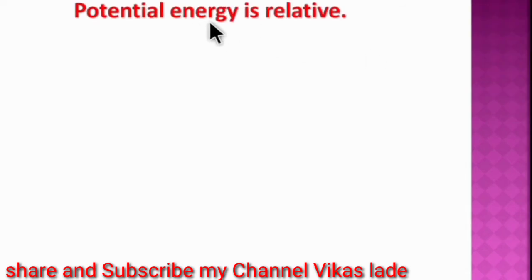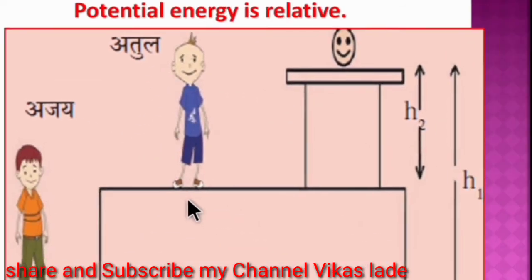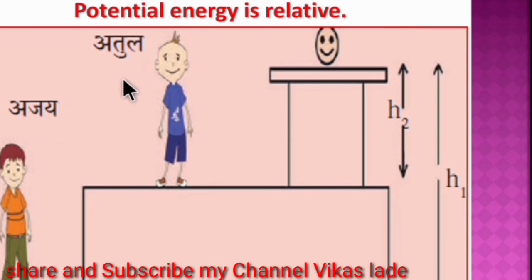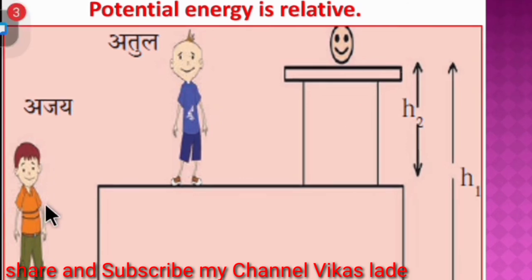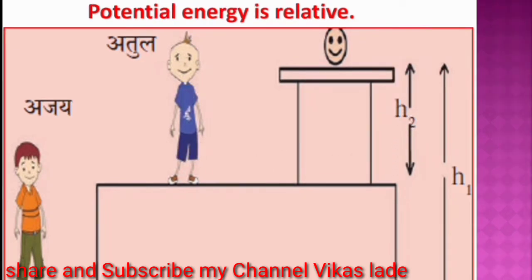Potential energy is relative. Ajay and Atul have been asked to determine the potential energy of the ball of mass m kept on the table as shown in the figure. What answer will they get? Will they be different? What do you conclude from this? Answer of this question, potential energy of the body with respect to Ajay is mgh1 and potential energy of the body with respect to Atul is mgh2. m is equal to mass of the ball.